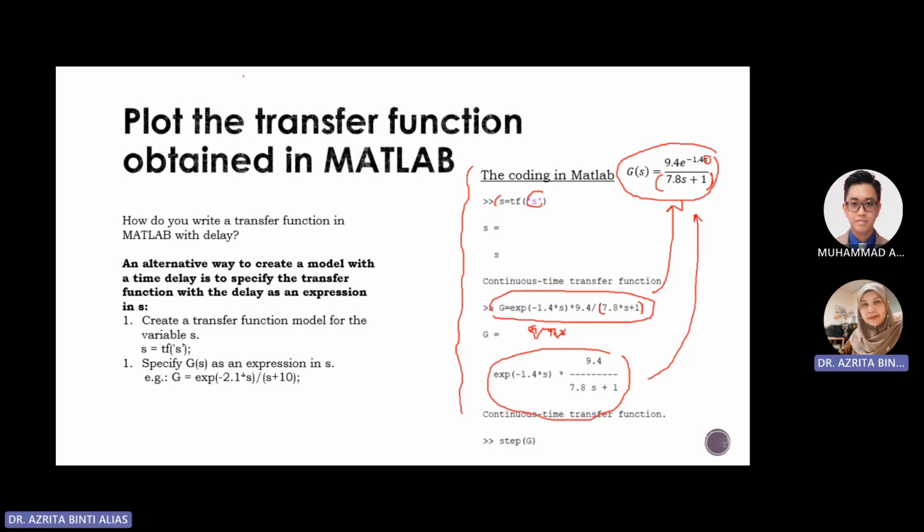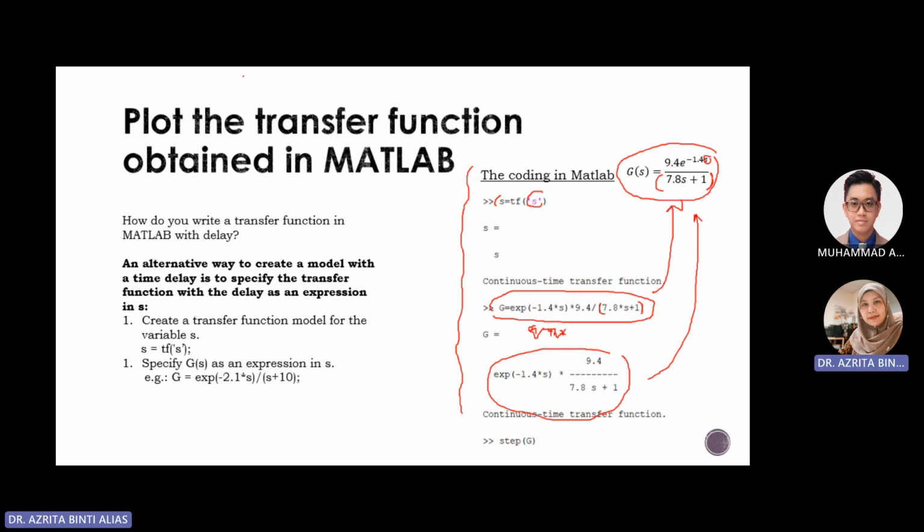Okay, actually without the exponential expression here, kalau untuk normal transfer function, you also can use this kind of coding. You can use this coding to obtain the transfer function, and later on we can plot the output response. Boleh juga kalau untuk transfer function yang biasa tu, you can also use this coding of MATLAB to generate the step response of the system.